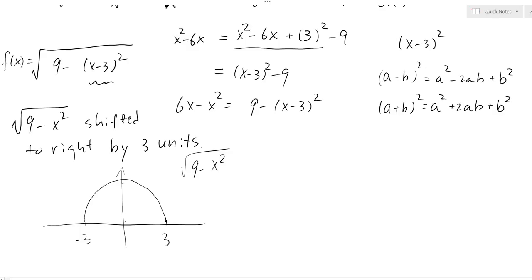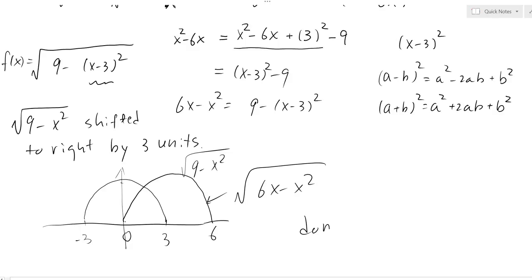Okay, so shift to the right by 3, then this is the one we have. This is going to be 6, this is going to be 0, and this function over here is the square root of 6x minus x squared. We can easily see that its domain is now x less than or equal to 6 and bigger than or equal to 0.